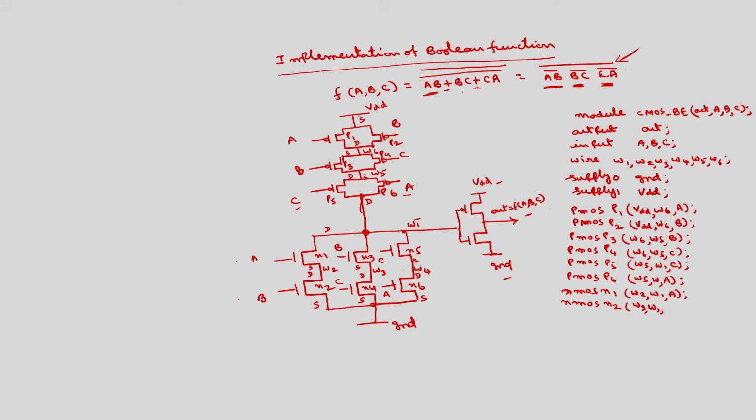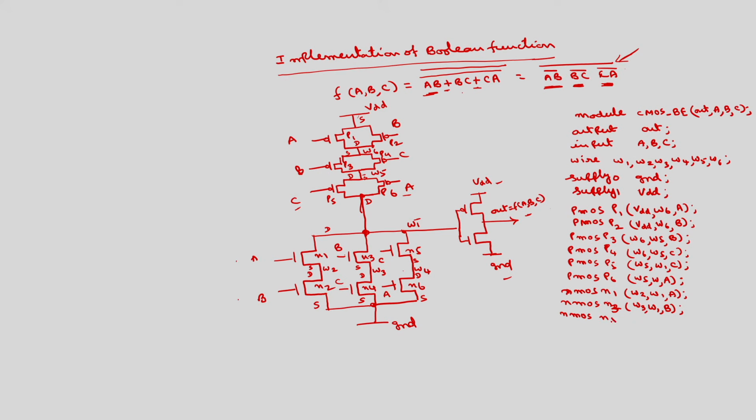This will be for N3 otherwise. So, N3 will be the same as N1, the source and drains are the same: the source is at W3, the drain is at W1, the input is B.